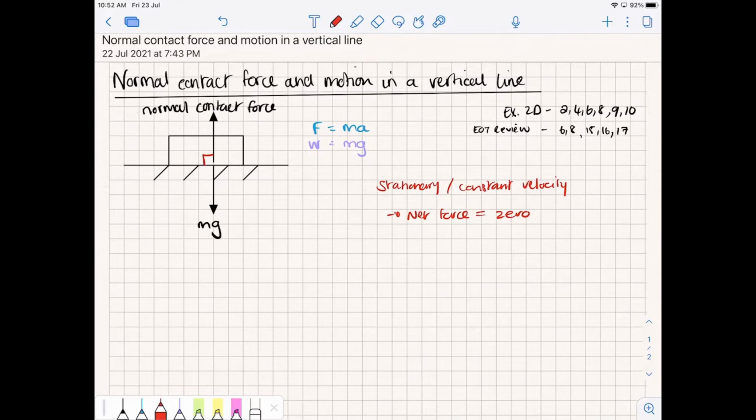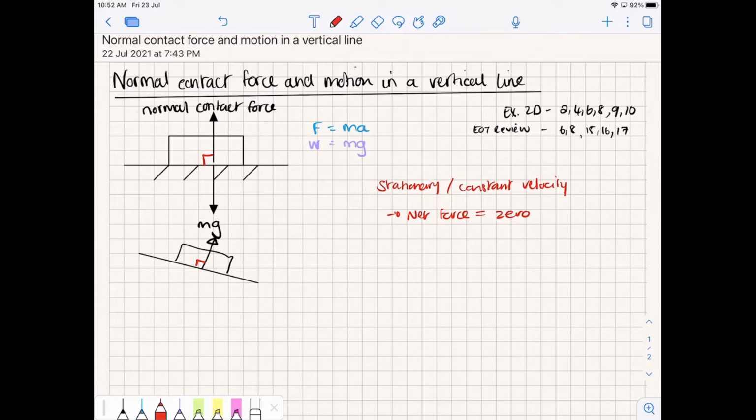Okay, if the table was at an angle, for instance, so if I had to put the table at an angle and I have the same block on it, right? The force would not be vertical anymore. The force would be out at an angle, all right? So it's always perpendicular to the surface, the contact force, okay?